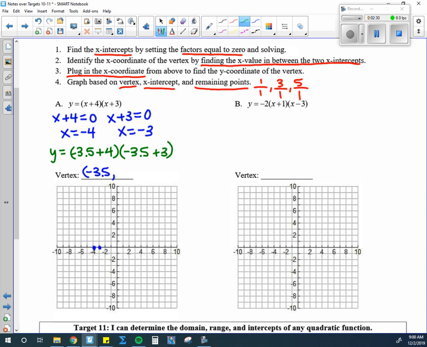So that will end up giving us: -3.5 plus 4 is 1/2, and -3.5 plus 3 is -1/2, so we'll end up getting -1/4. So I'm going to go ahead and plot my vertex then. I'm going to go to -3.5 and then just go right below the line there. That's at -1/4. And then my a value here is 1.